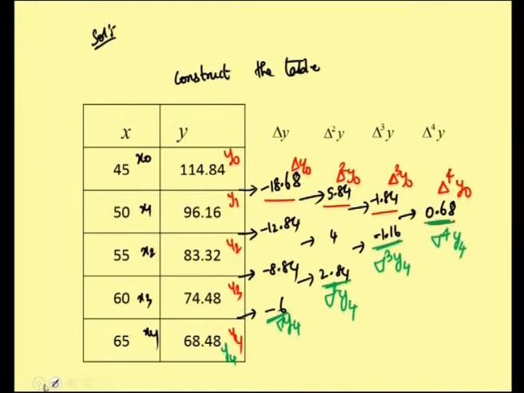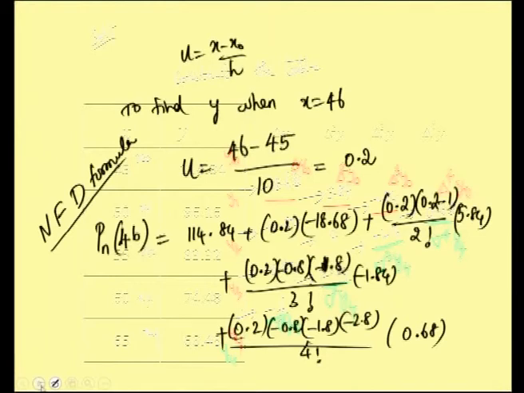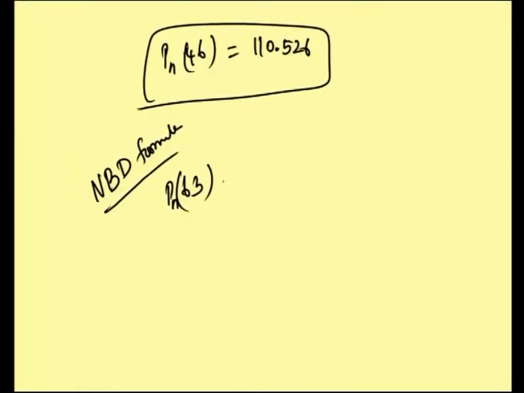And Newton's backward formula can be used to find the y value corresponding to x equal to 63. According to the formula, it is yn. So, before that we need to calculate what is v. V is x minus xn by h, and x is 63, xn is the last x value, 65, so 63 minus 65 divided by h, which is 5.